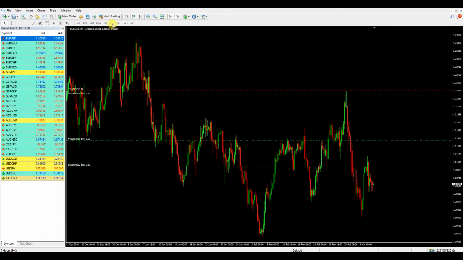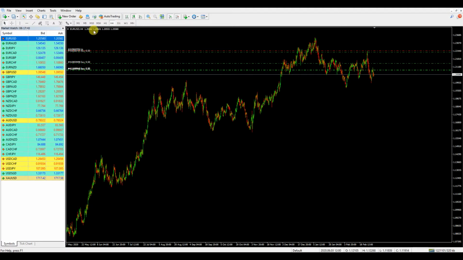First of all, we'll select the time frame of H4. We're gonna zoom out, and here it is. It says draw trend line. There is also draw equidistant channel, but no, we are gonna always take this, and this is one of the best.